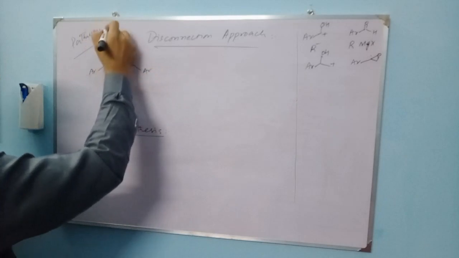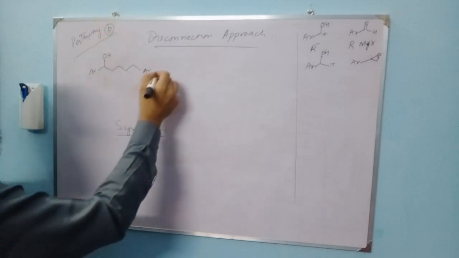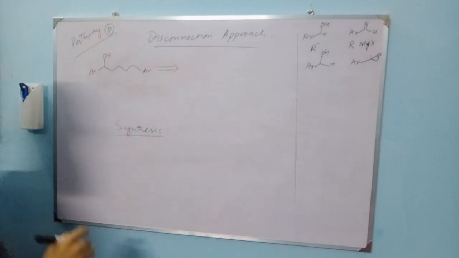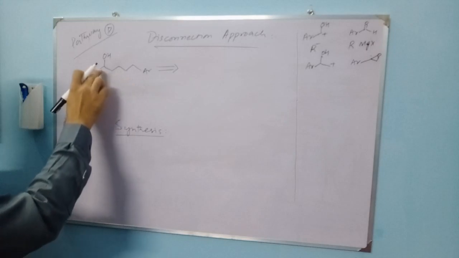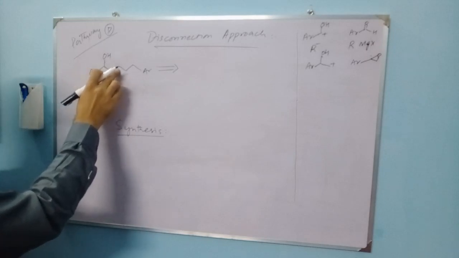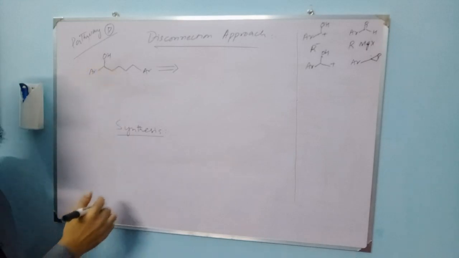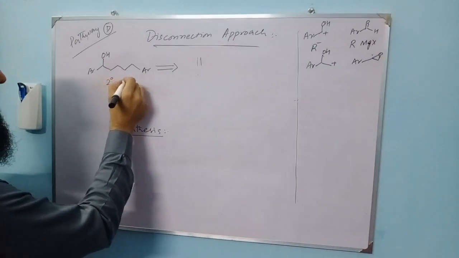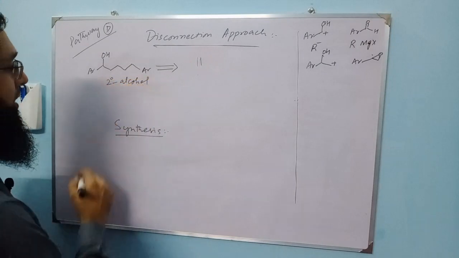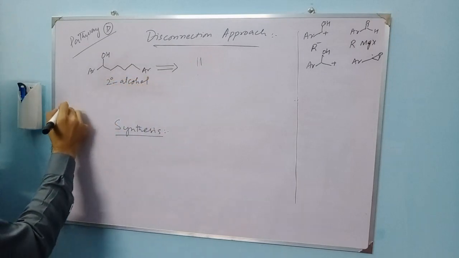Now pathway D. In the last three methods, we disconnected the molecule from here, from this position, and from this position. But it is also possible that we can get a secondary alcohol by reduction of ketone.